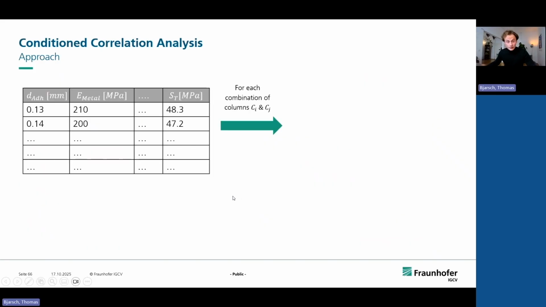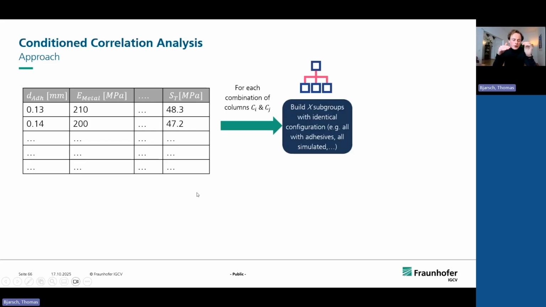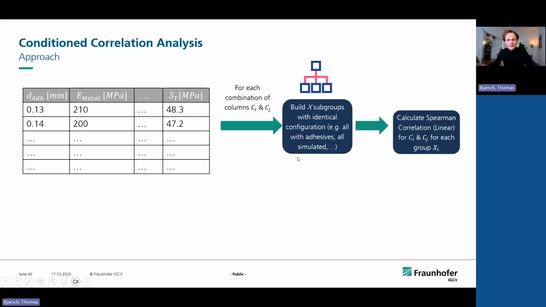Also here, we use this big table, and for each combination of two columns, we build subgroups where all configurations are the same. So for example, where all specimens used adhesive and where all specimens came from simulations. After this, you have a bunch of different subgroups built out of your data table.